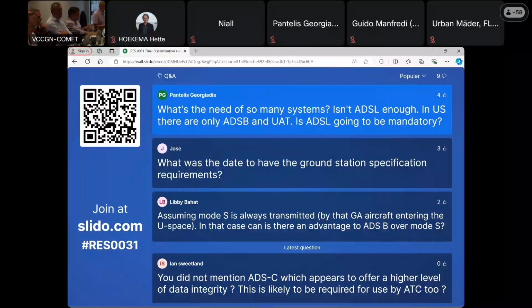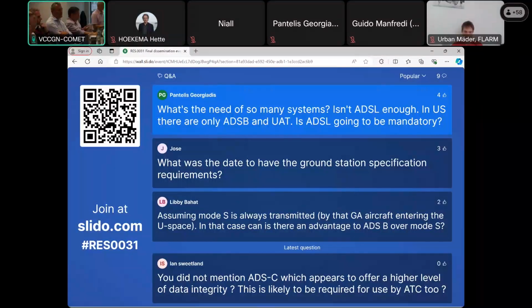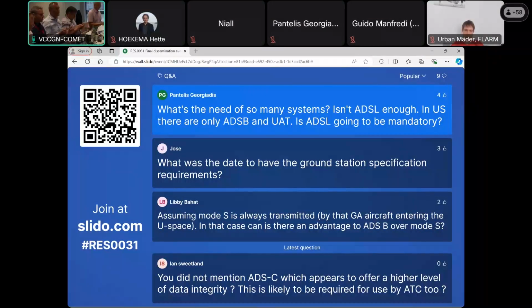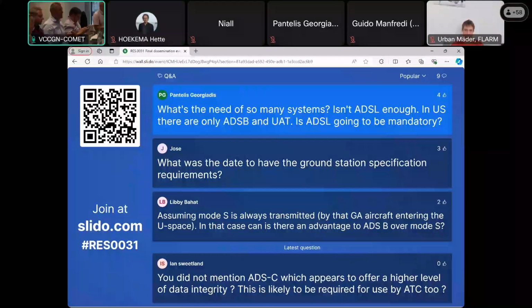In terms of communication frequencies, we try to simplify this as much as possible, and we will continue these efforts on spectrum, and hopefully this will lead to even more simplified solutions after the project. But the project did good work in trying to simplify the scheme and recommend the approach of a certified and a non-certified world, to acknowledge that there won't be only a certified world in the future.